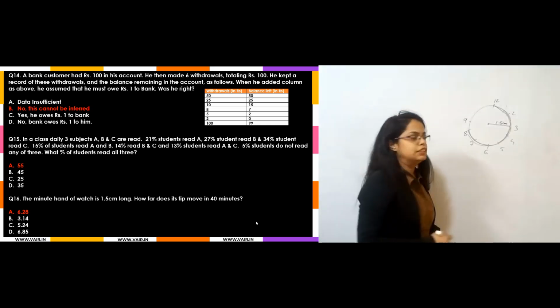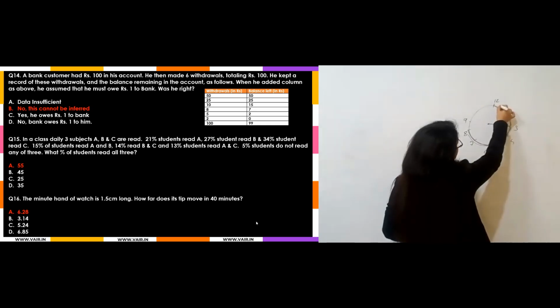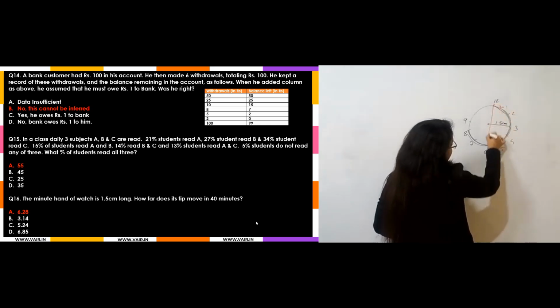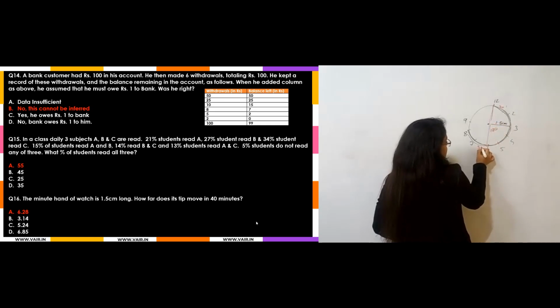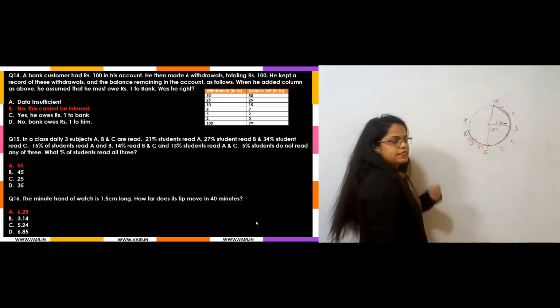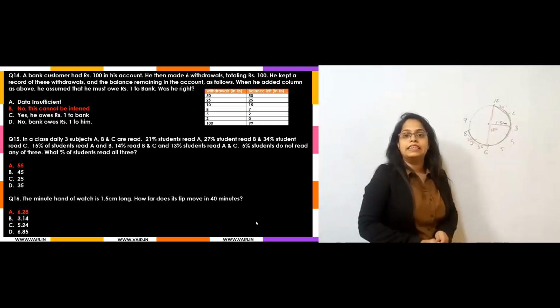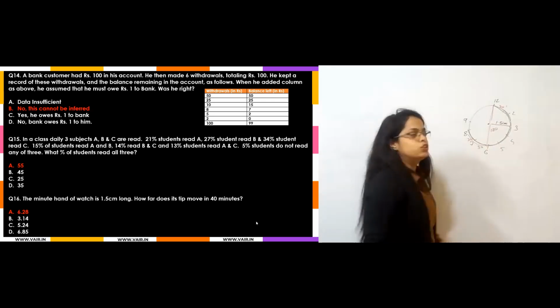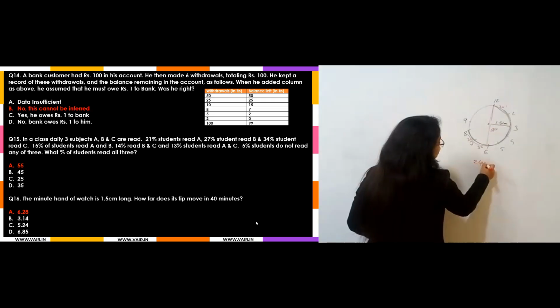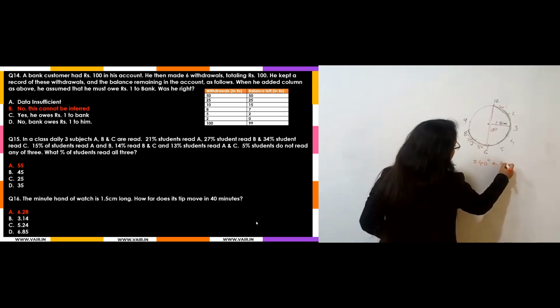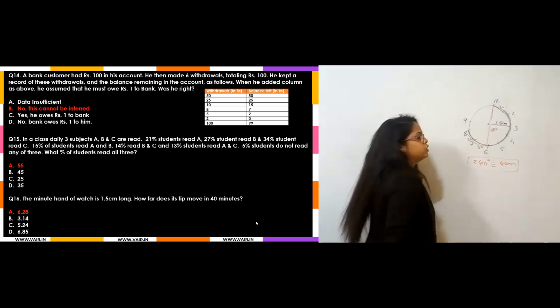We know that this is 30 degrees, up to this is 180 degrees. 180 plus 30 plus 30, so you can say that it has covered 240 degrees. Total 240 degrees is equal to 40 minutes. In 40 minutes, it has covered 240.